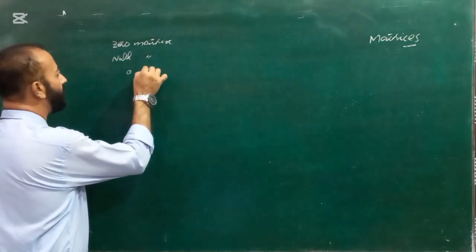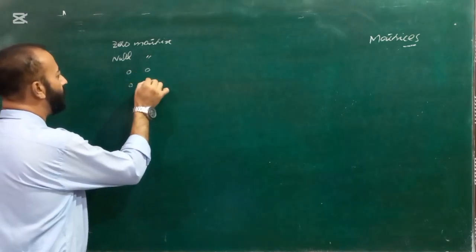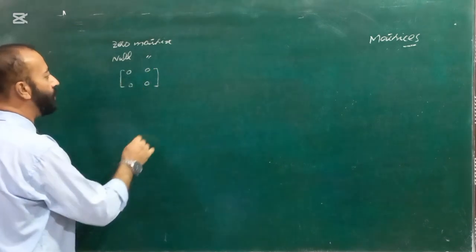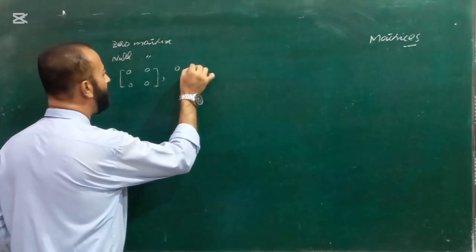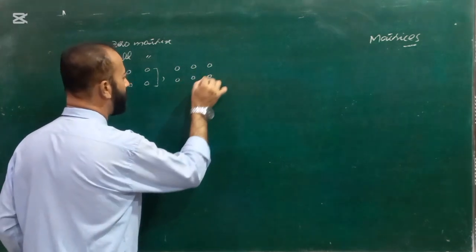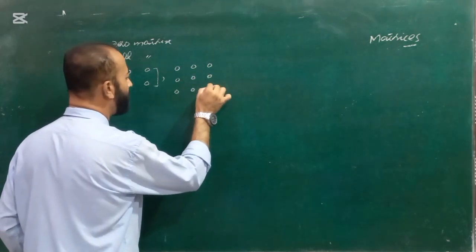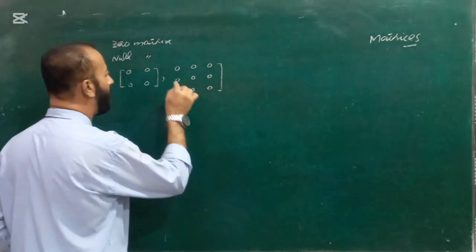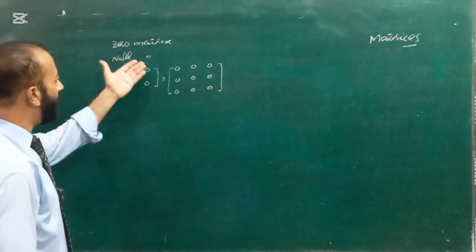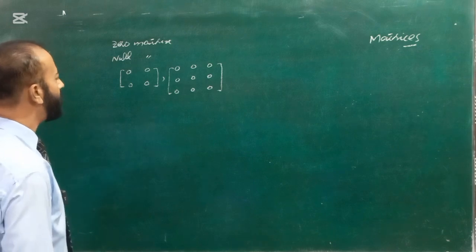Examples are here. You can see all the entries in this matrix are 0. Another example may be this, a matrix in which all the entries are 0. That matrix is called a null matrix or zero matrix. So these are the examples of a null matrix or zero matrix.